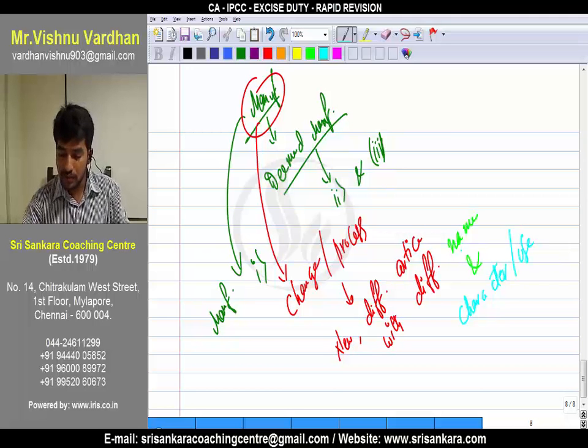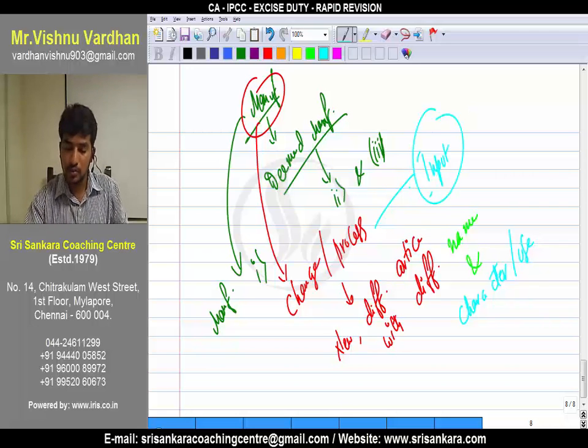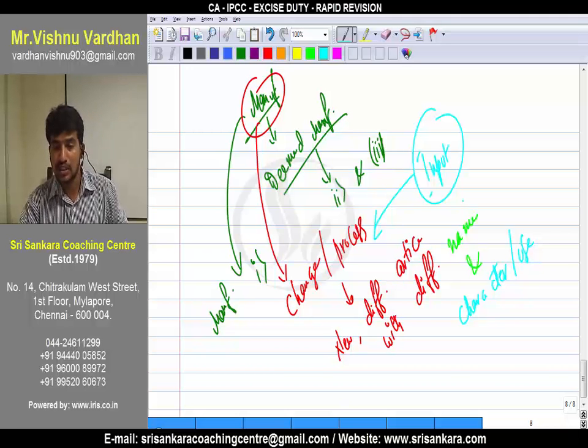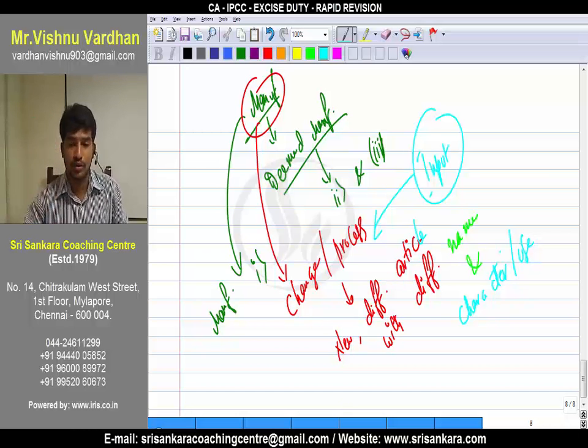So it should have a different name, and along with that some different character or use. If you are comparing the final product, it should have a different name, different character or use. With what are you going to compare? With the input which is given into the process. Whichever input has been entered into the process, when it is processed or any change takes place, it should result in a new different article with a different name and character or use. Then we can call it manufacture.